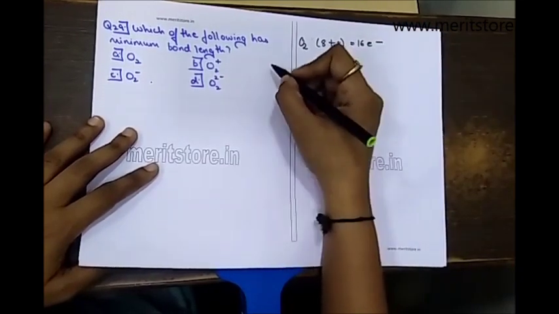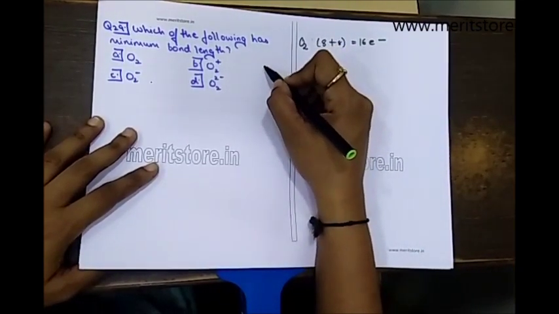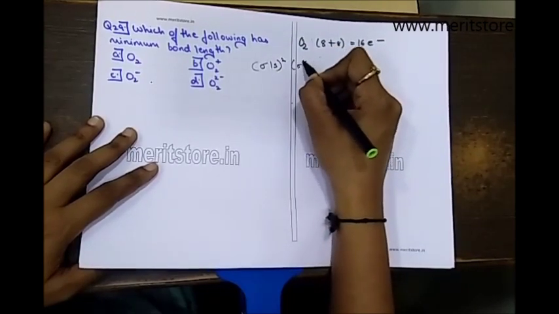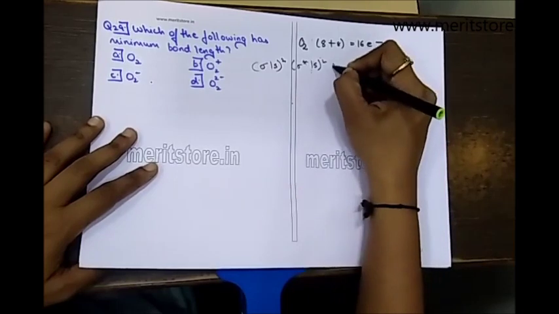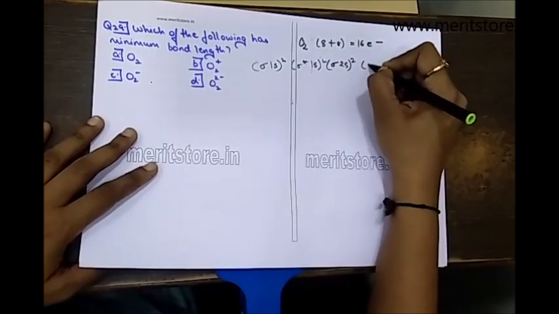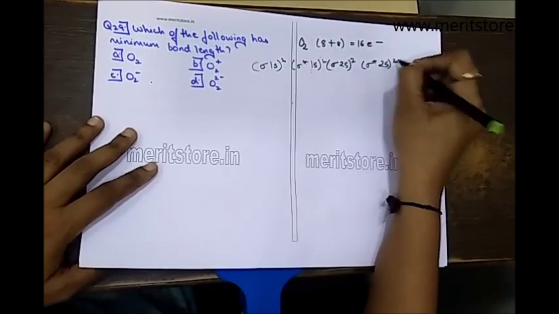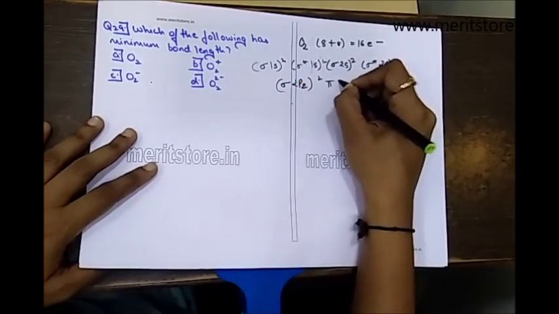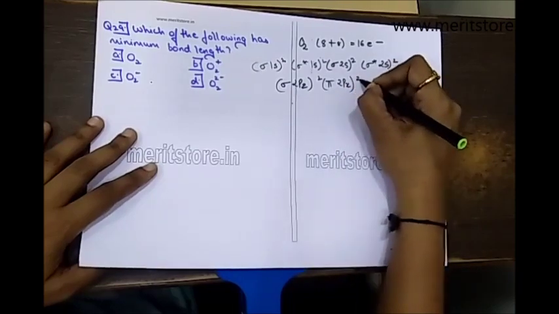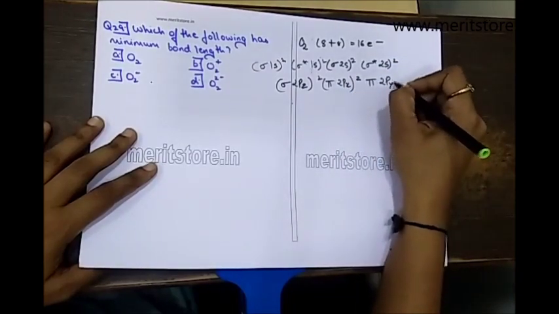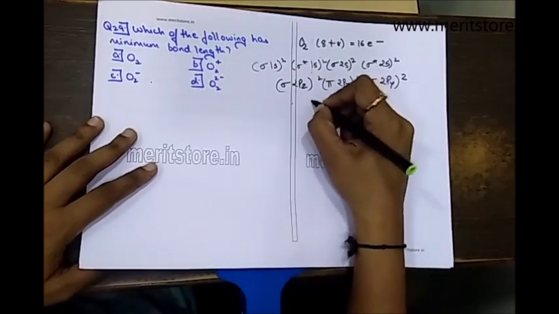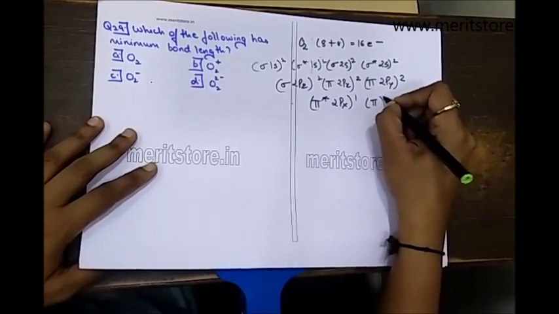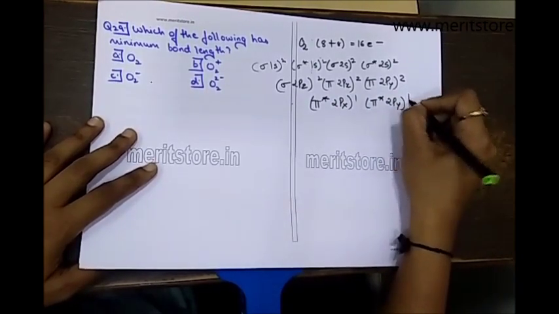If you write the molecular orbital electronic configuration, it is sigma 1s2, sigma star 1s2, sigma 2s2, sigma star 2s2, sigma 2pz2, pi 2px2, pi 2py2, pi star 2px1 and pi star 2py1.